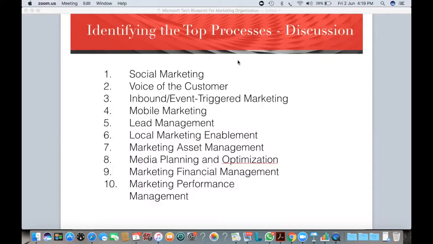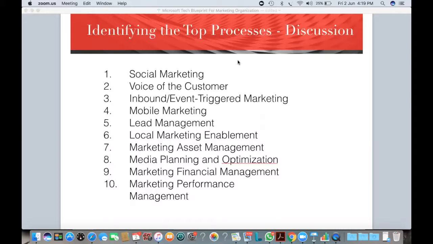So which are the top processes that we need to identify? I put this up as discussion because it varies across organizations. It's very specific to your organization and your current priority or objective, and also to an extent your readiness, in the sense of what you have already done.